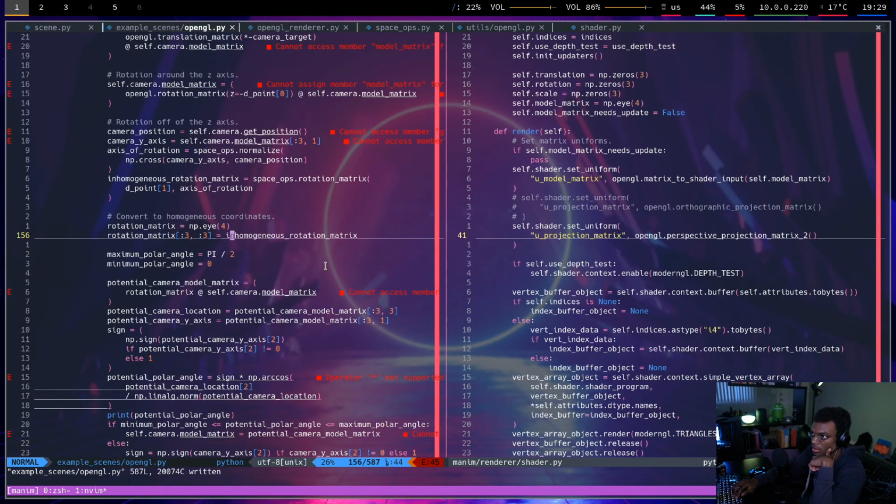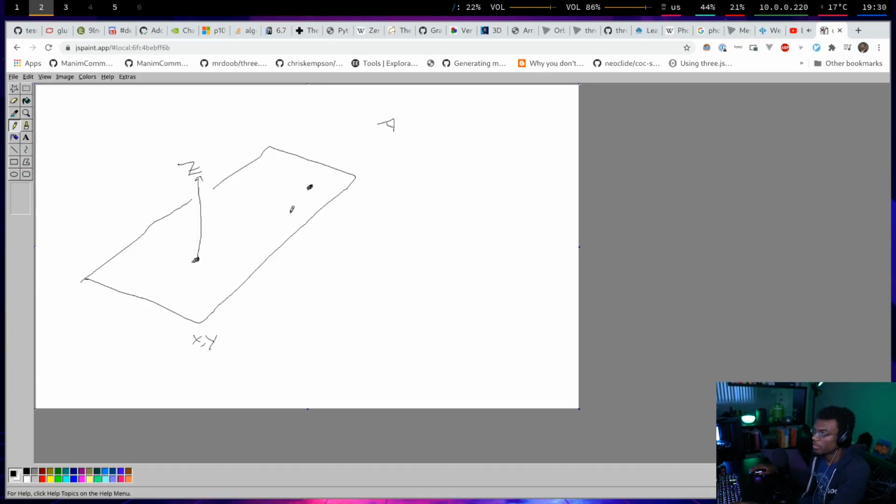Rotation matrix. Get the camera's position. Axis rotation. Could translating it... Oh, that makes it obvious. Maybe it's not obvious.